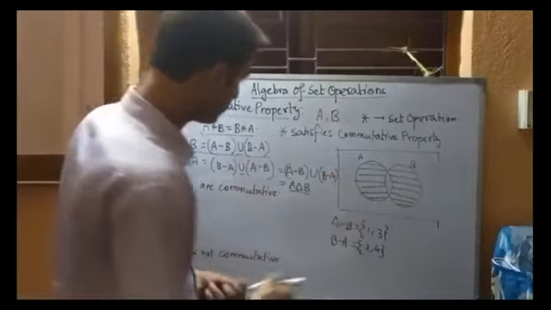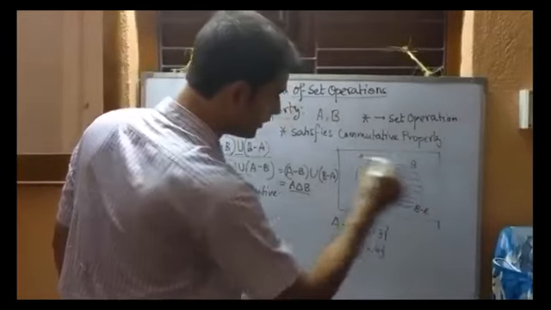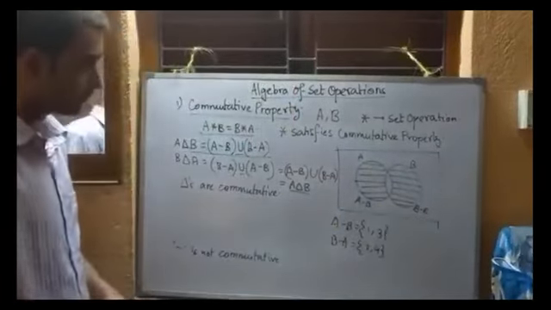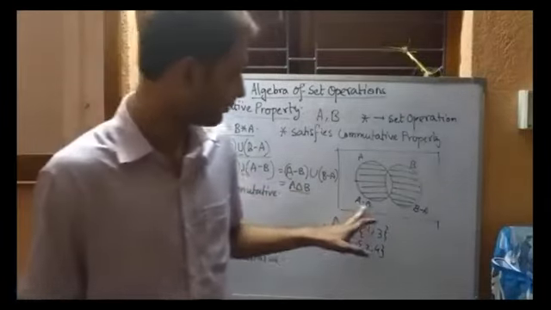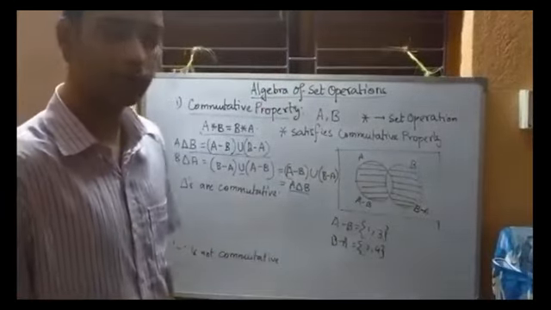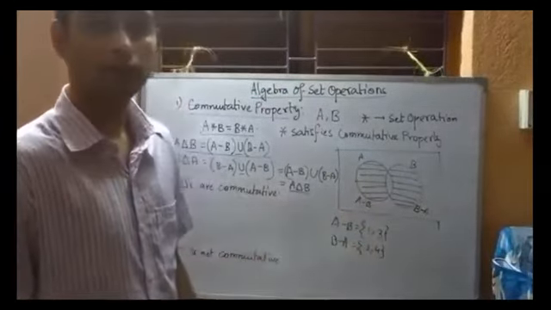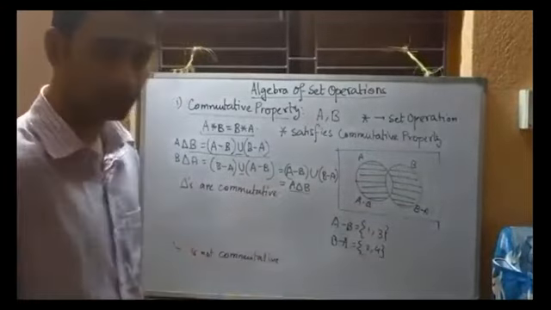The rest of the part from A union B will be shaded. So that's how A delta B becomes A difference B union B difference A. Now if you flip the positions of A and B, you will see it will have the same region. That's why it becomes commutative.